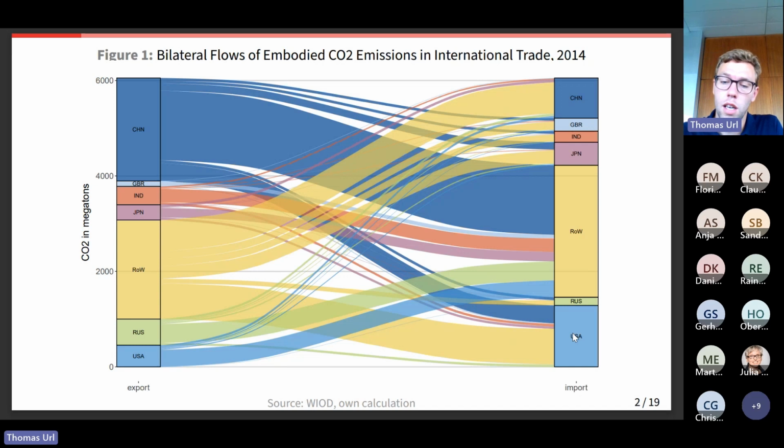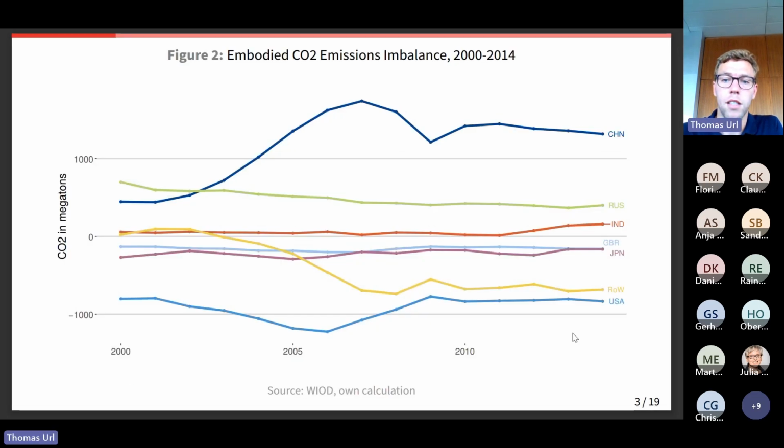When you look at the panel, you see that this pattern is quite persistent. Over the whole time, the US was always the country with the biggest deficit. And China overtook Russia around 2003 as the country with the biggest surplus in embodied emissions.